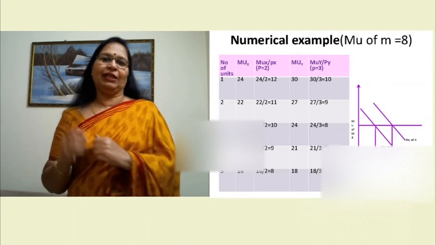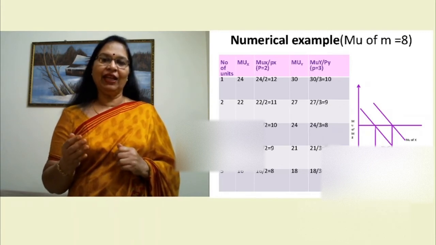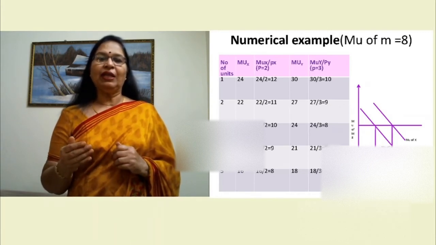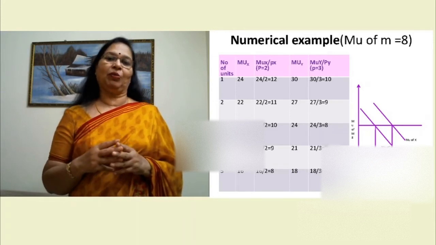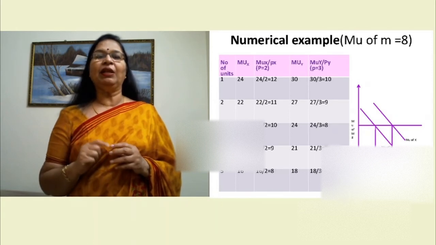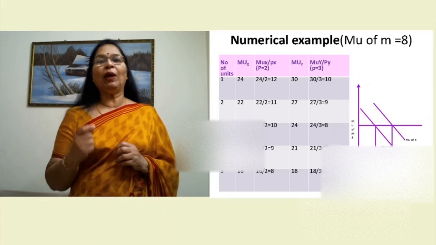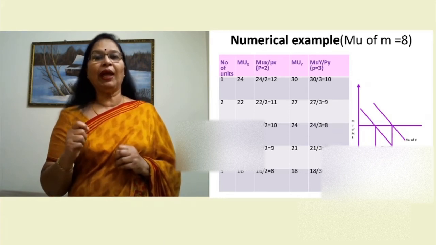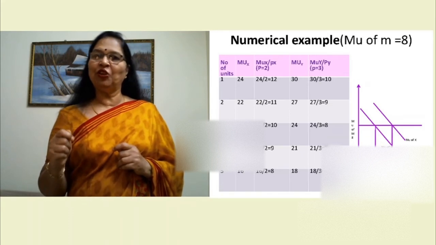Now let's take the next column for commodity Y, and there also you will find that the consumer purchases 3 units of the commodity. Why 3? You can very easily see it in the table. At 3 units of commodity Y, the MUY by PY is equal to 8, and that 8 is equal to the marginal utility of money.